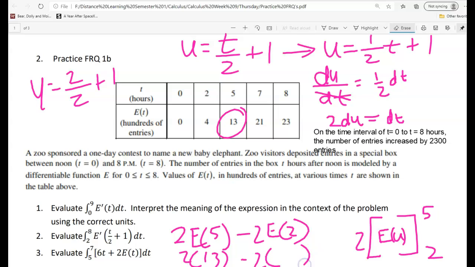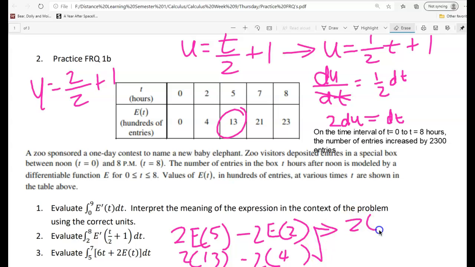And e of 2 is 4. In this case, simplifying it's not all that hard, so I'm going to go ahead and do that. But technically, you don't have to simplify at this point, because on FRQs, as soon as you get to the basic math, simplifying kind of stuff, it's no longer necessary. So we end up with 18.